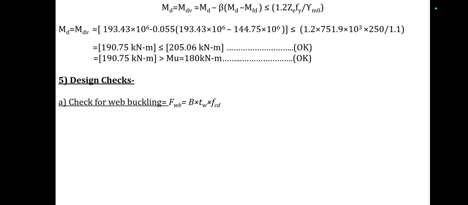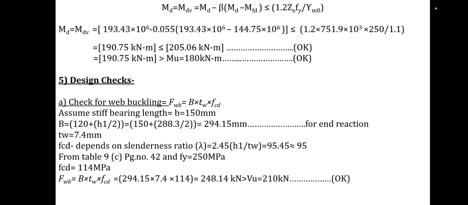So FWB is equal to B into TW into FCD. Here we assume our bearing length as 150 mm. Then capital B is equal to 120 plus H1 upon 2, and hence we get the value of capital B as 294.15 mm for the end reaction.